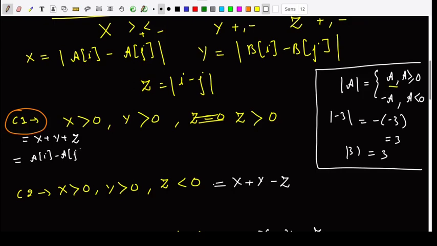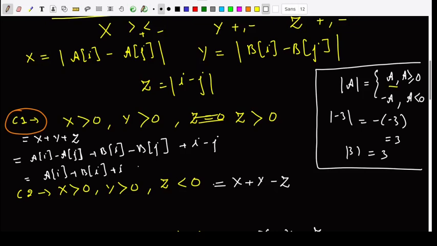I am expanding it, y is bi minus bj, and z is i minus j. So let us rearrange it. Basically I want to write all i terms together and j terms together, plus i.